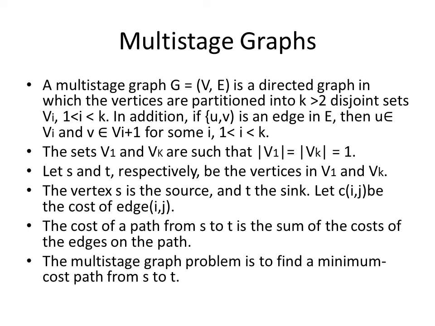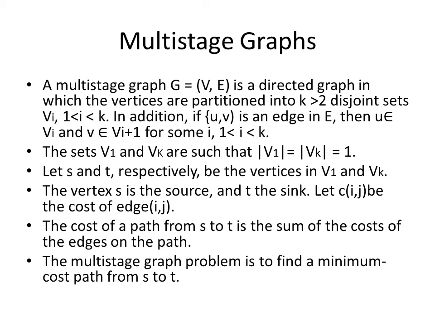In addition, if (u, v) is an edge in E, then u belongs to Vi and v belongs to Vi+1, for some i where 1 ≤ i < k. That is, a multi-stage graph is a graph with multiple stages, and each stage has a set of vertices.